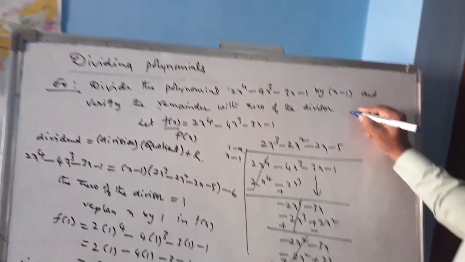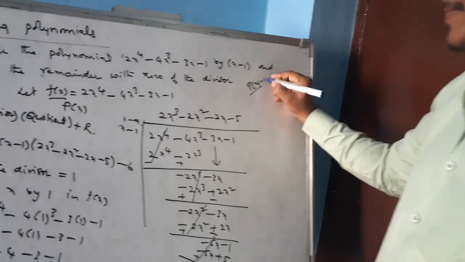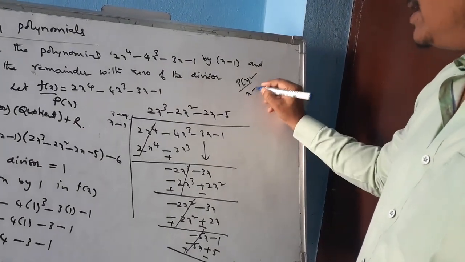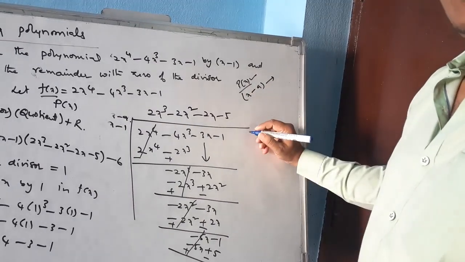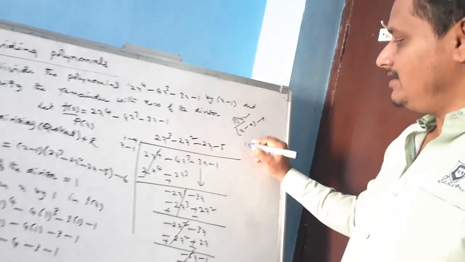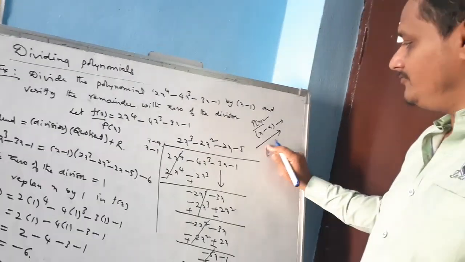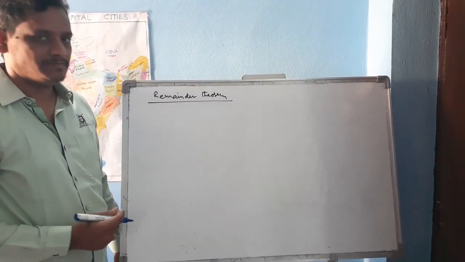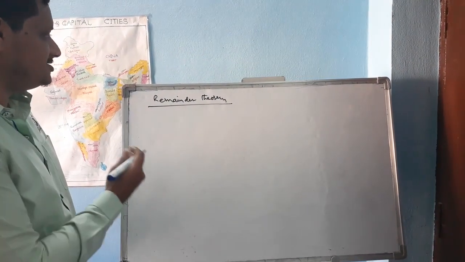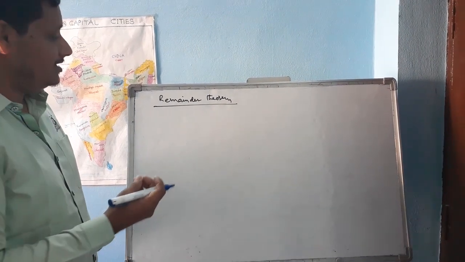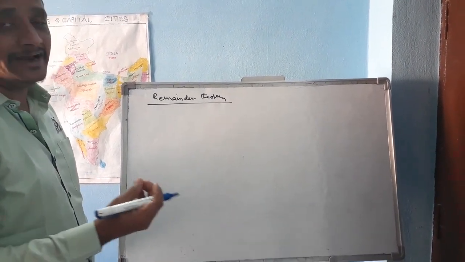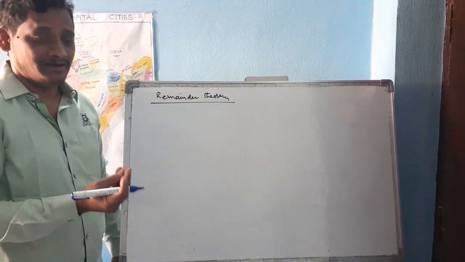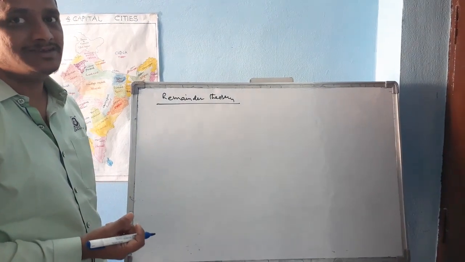P of x is a polynomial of degree greater than or equal to 1 and x minus a is a linear polynomial, then the remainder is p of a. So, the remainder theorem: p of x is any polynomial of degree greater than or equal to 1 and a is any real number, x minus a is a linear polynomial, then the remainder is p of a.